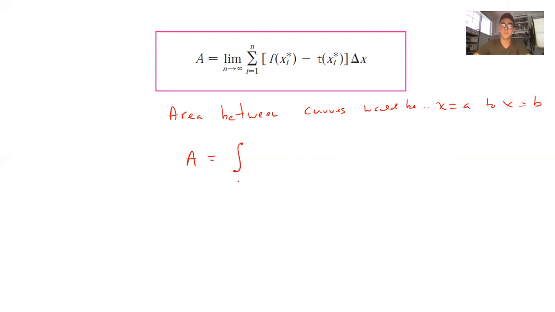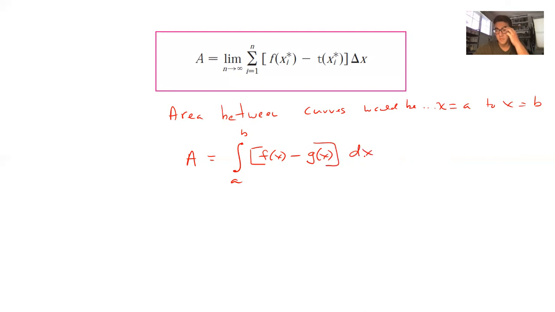Everybody okay with going from a to b on here? Yeah, and then we just put the functions, right? And then it's really just the difference between them, right? So in brackets here, we're going to go f of x minus g of x, and then dx.